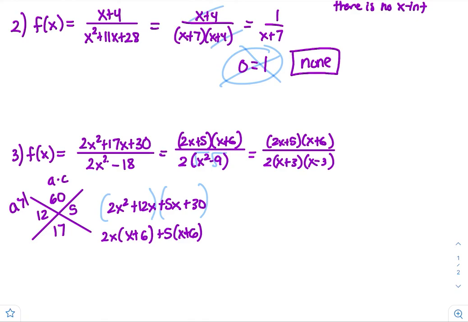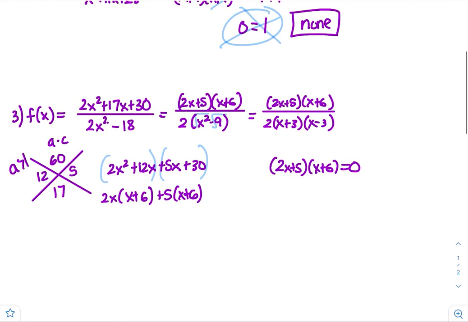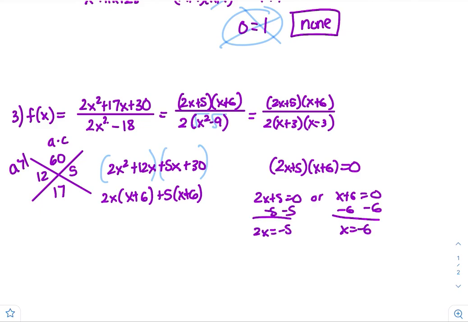So now we set the numerator equal to 0 and solve for our x's. So 2x plus 5 equals 0, or x plus 6 equals 0. Minus 6 from both sides, x equals negative 6. Minus 5 from both sides, 2x is equal to negative 5. Divide both by 2, x is equal to negative 5 halves.